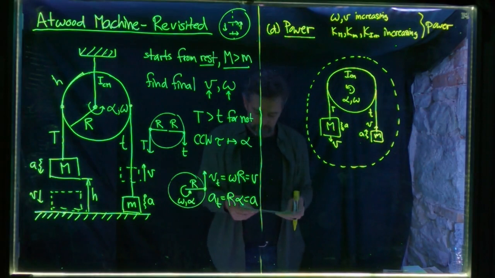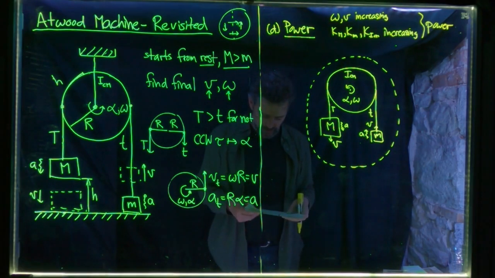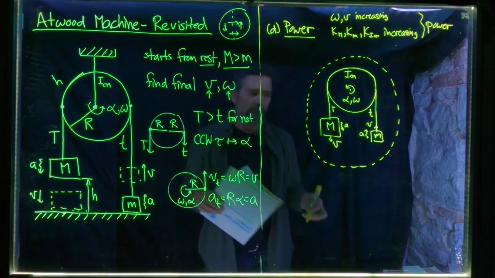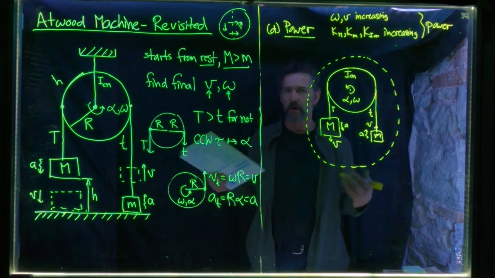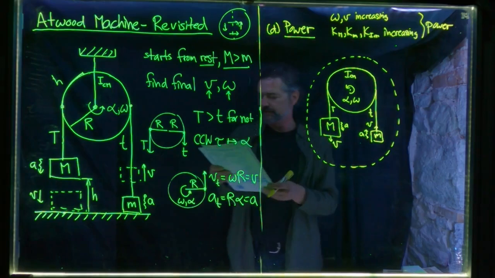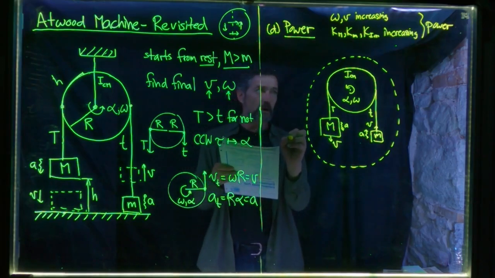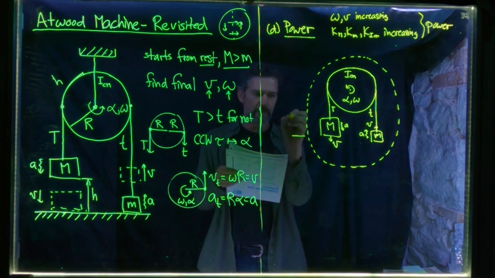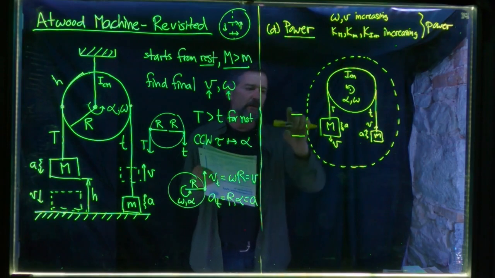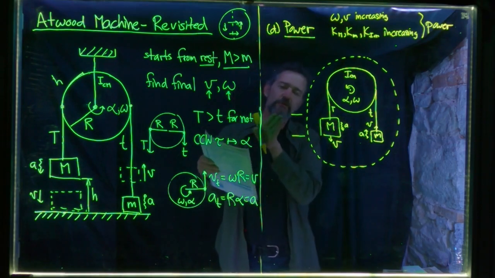Okay? So let's start with this statement here. Remember that power is force dot velocity. We're going to draw a big wide arrow here, and this arrow represents energy flowing in.